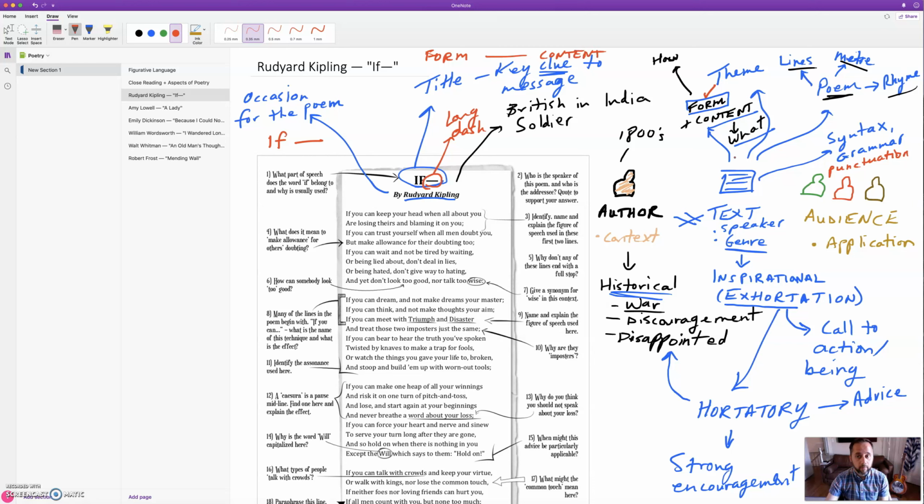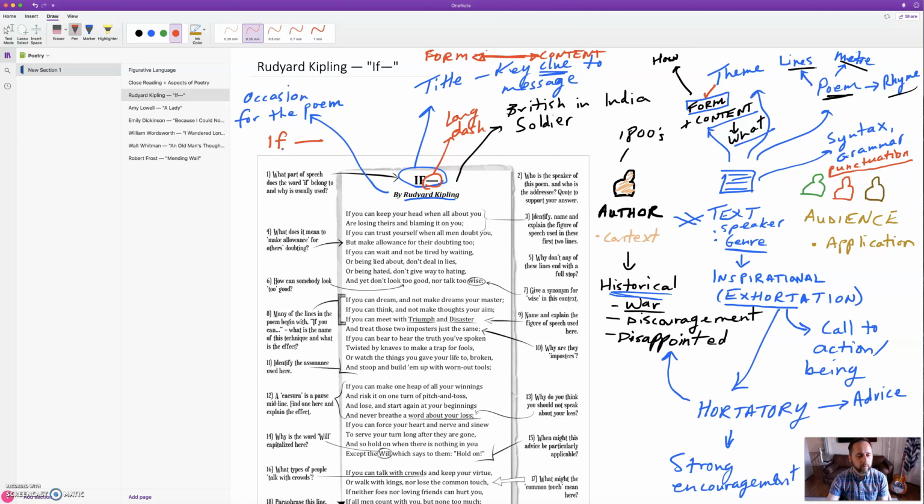And even something as simple as punctuation in the form is going to be important because these are connected.